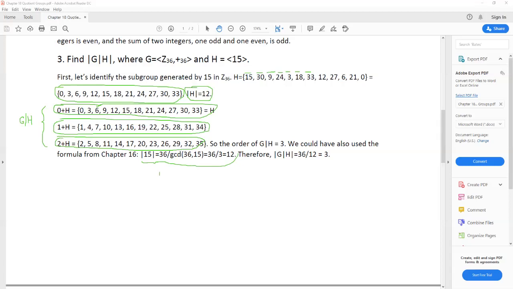We could have used N divided by the GCD of N and K. That would also give us the 12. But of course, we are partitioning a set that has 36 elements. And if each subgroup contains 12 elements, then that would give us 3 cosets.